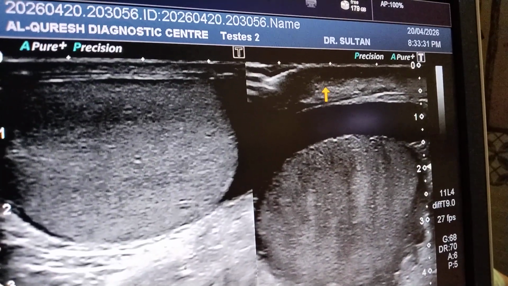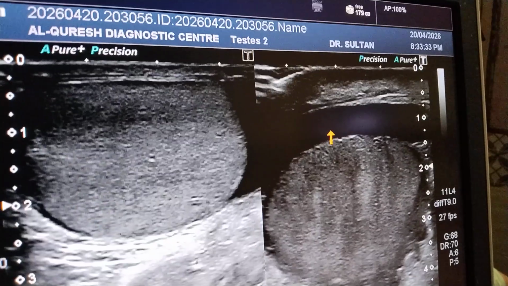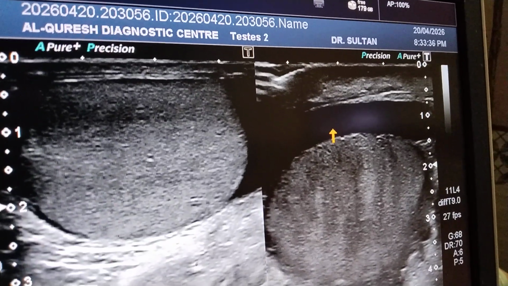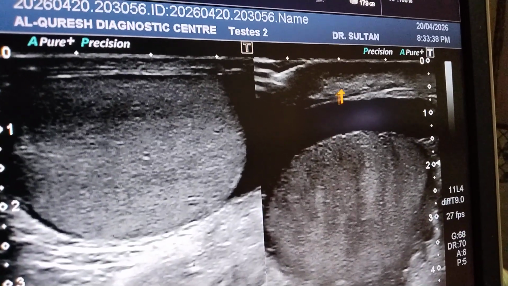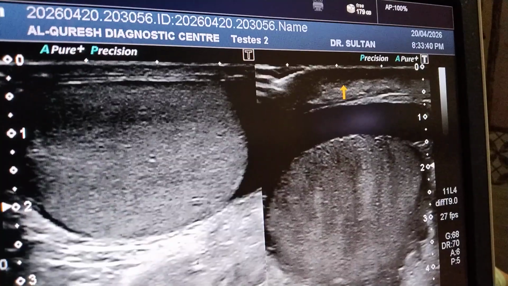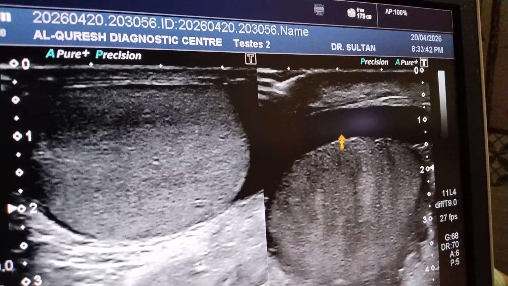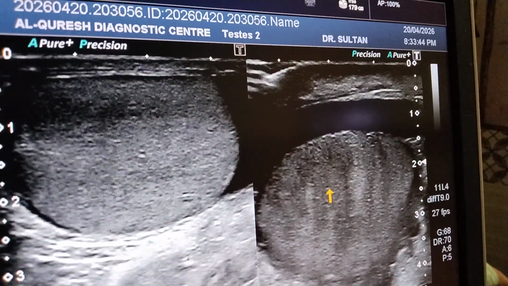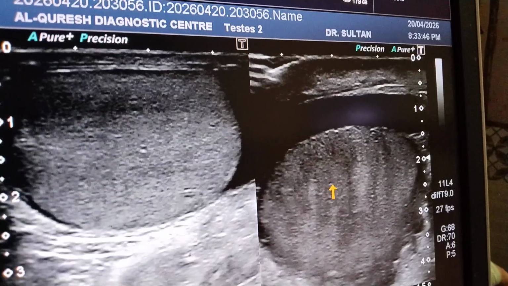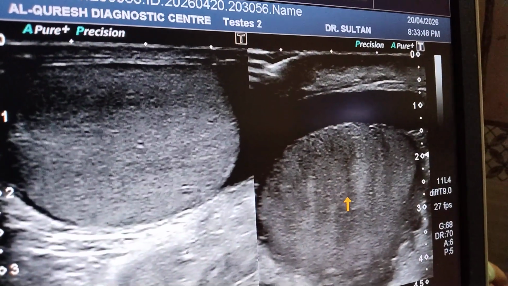So three findings are present in the left scrotal region. Number one, increased scrotal thickening, hydrocele, and heterogeneous relatively hypoechoic echotexture of the left testes.